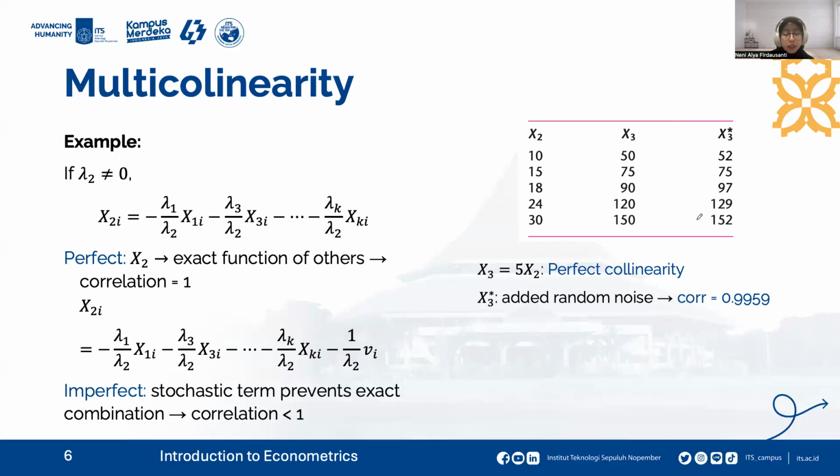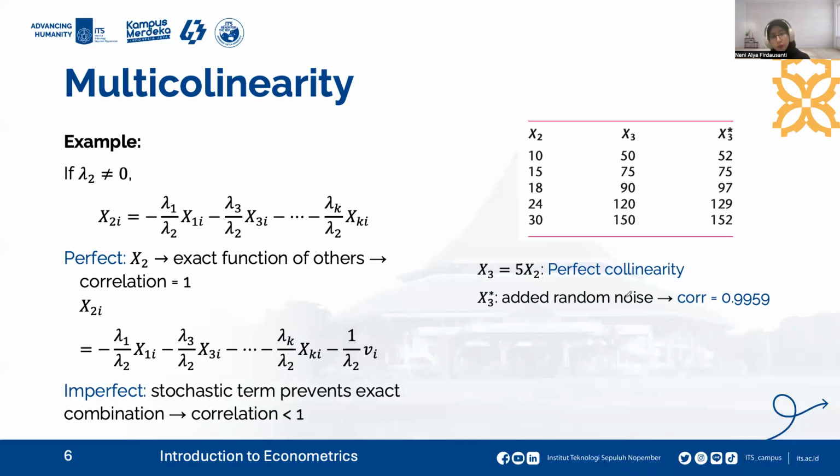But if we add random noise, the correlation coefficient might not be a perfect 1, but let's say 0.99, which if we round it will be equal to 1. But it would still be an imperfect, high multicollinearity case.